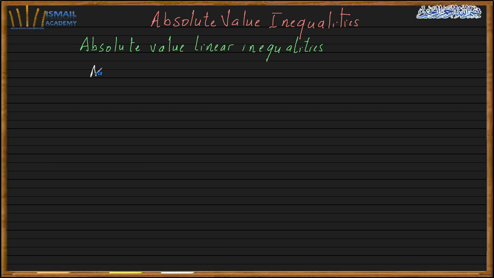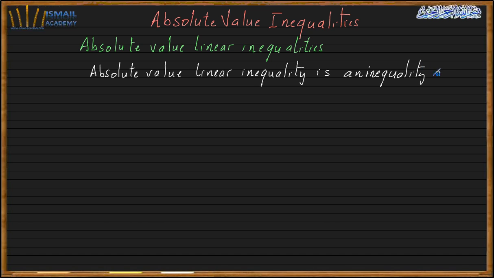So absolute value linear inequality is an inequality defined by one of the following.